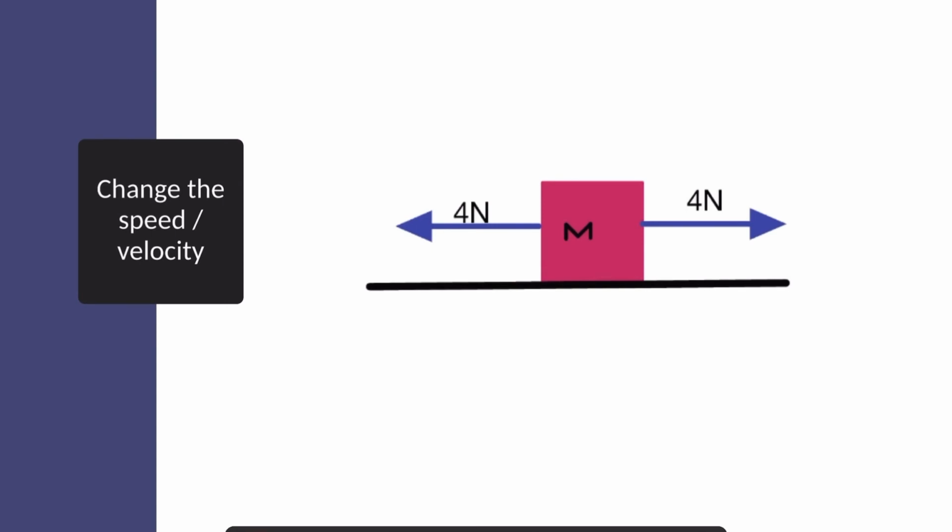Suppose this object is in motion, and the direction of motion is to the right. This object is moving with a constant or uniform velocity, so we call it uniform motion. And we assume there is no friction between these two surfaces.